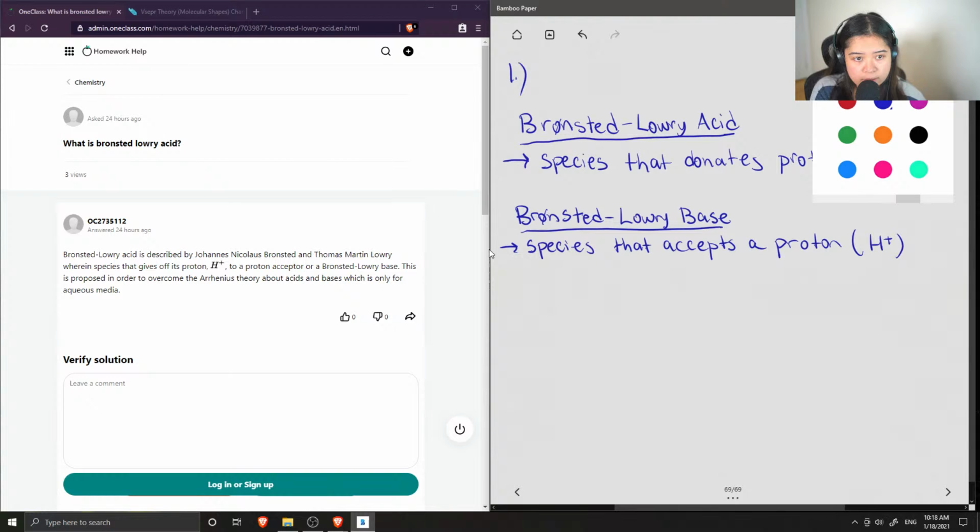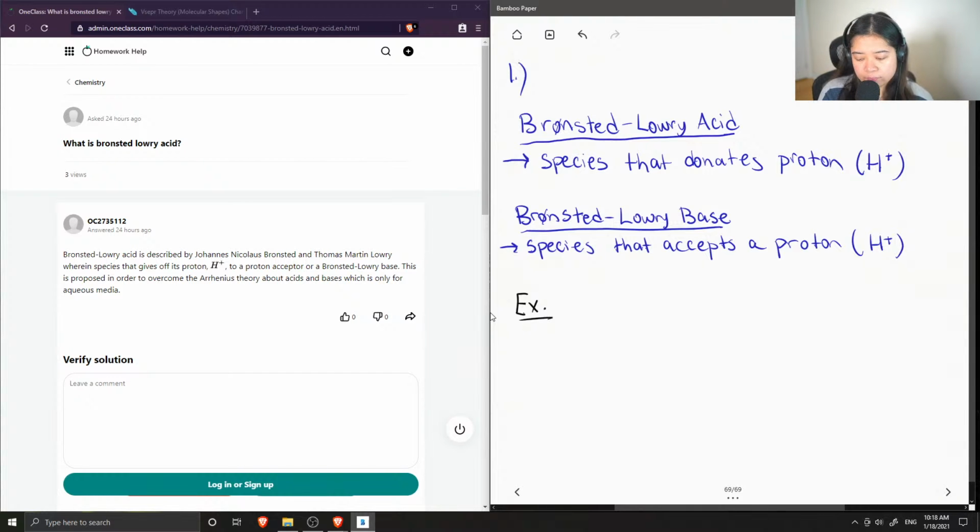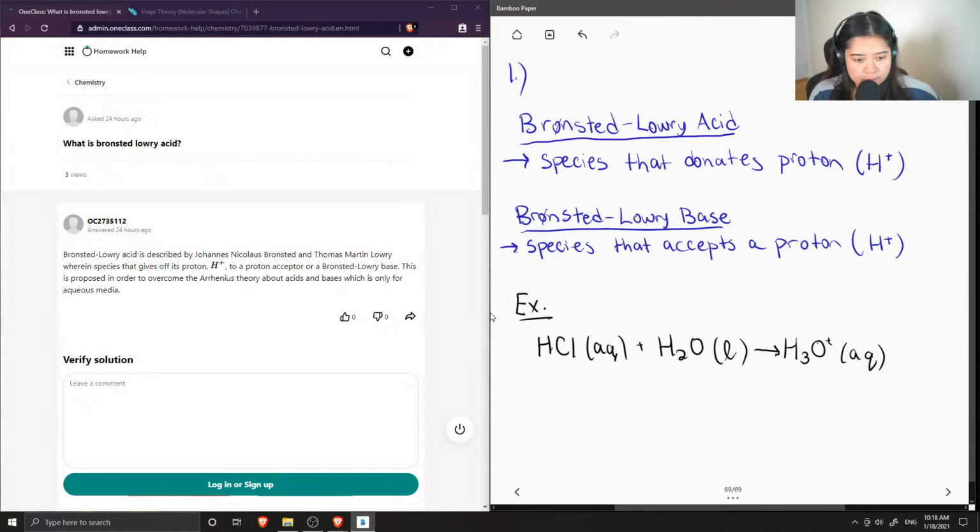Okay, so let's write down an example of a Bronsted-Lowry acid and base. So let's say we had HCl reacting with water to form H3O plus and a chlorine ion.